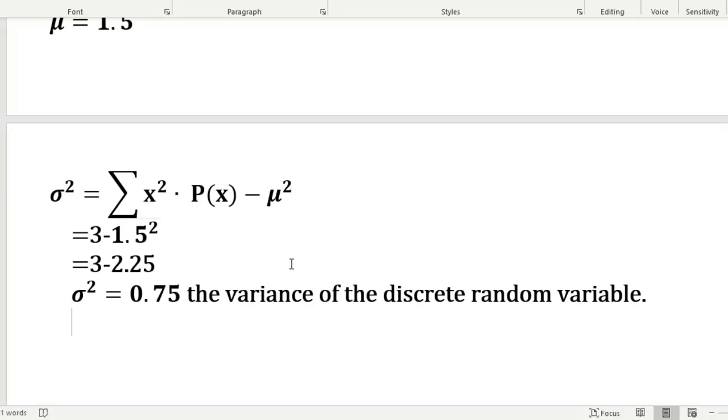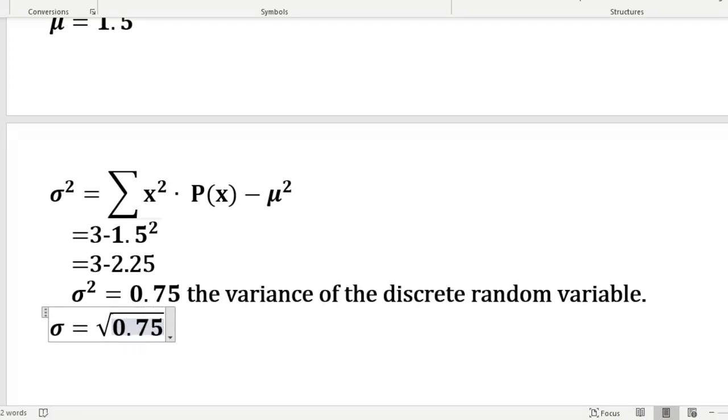To determine the standard deviation, we simply have to determine the square root of the variance. Thus, we have standard deviation is equal to the square root of our variance, which is 0.75.